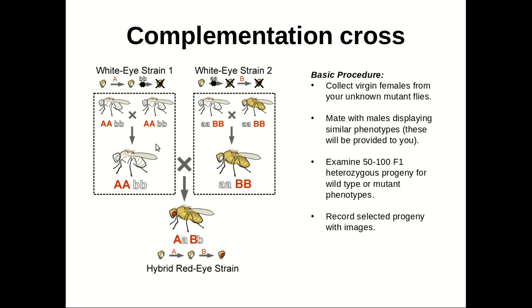If you cross these two, you're going to get this, and it's going to look pretty much the same as the parents. But you cross these two, and these two parents look different, and you're going to get this. So keep in mind what we're doing here. And then what happens when you cross these two? What do you get? That's how we're approaching this system, so that you can figure out what big A does, what little a does, what big B does, and what little b does, and then how they work.